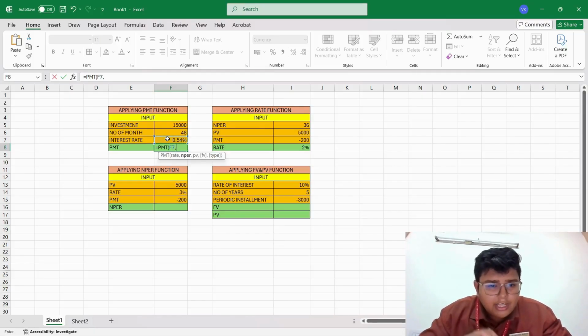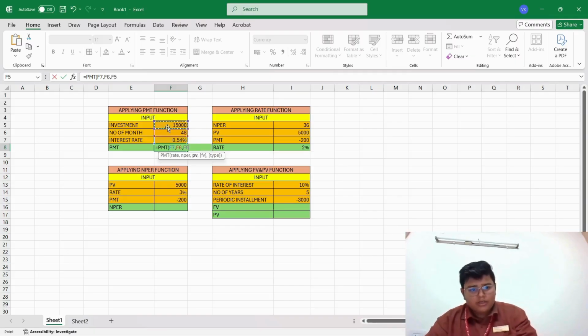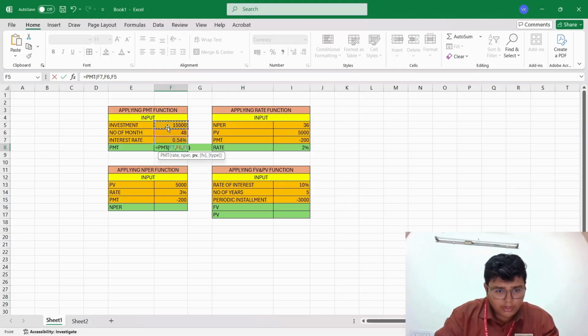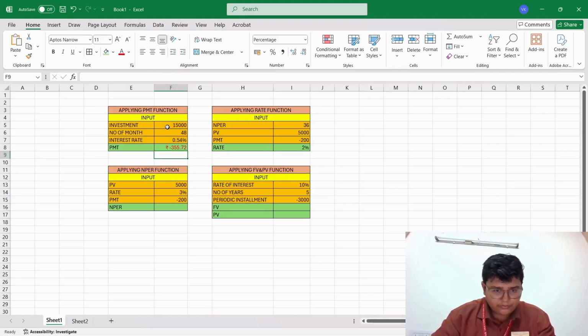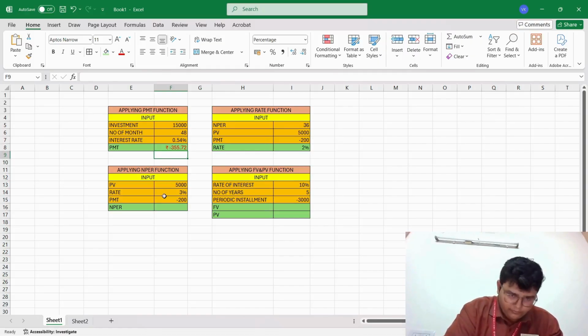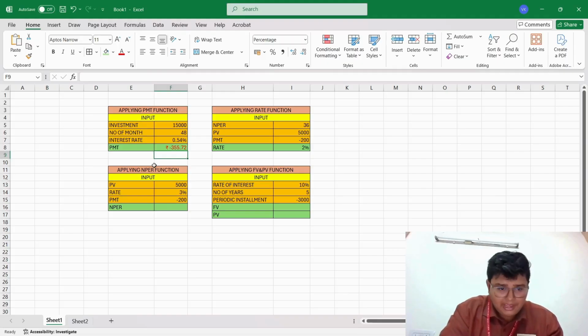Next it is asking NPER, which is 48 months. Then it is asking present value, which is 15,000. Now we close the bracket and press enter. It is 355.74.